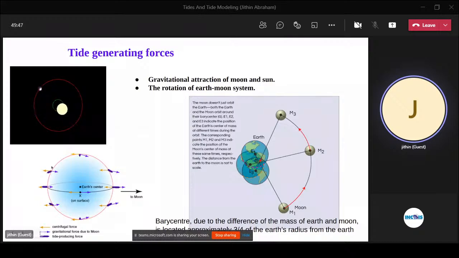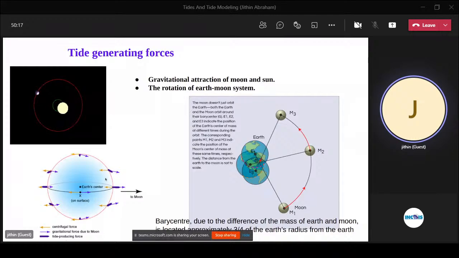On the opposite side of the Earth, the centrifugal force will be the same, but the gravitational force of the Moon will be lesser due to the greater distance. So there also will be a difference in the balance between these forces, and that creates the tide generating force on the opposite side.